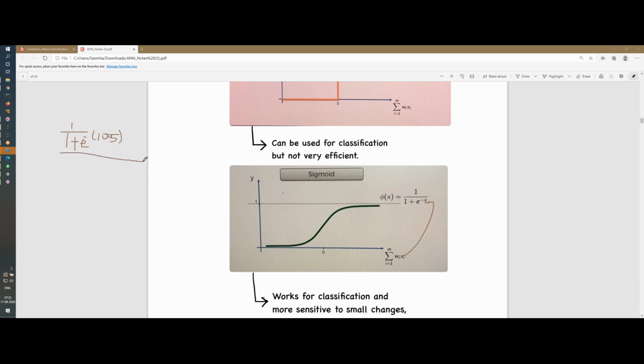This is a sigmoid function. You have a calculator at home, so try to find the values for different x. For any random value of x, try to apply this function. What you will observe is that you will never get a value greater than 1. Always you will get a value between 0 and 1.